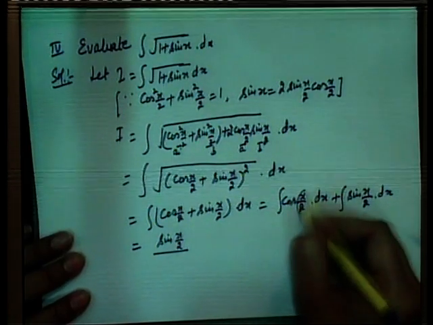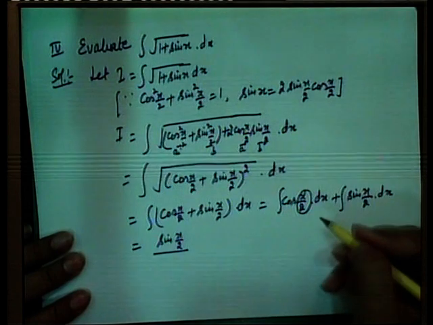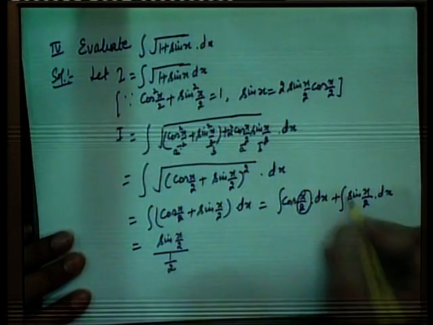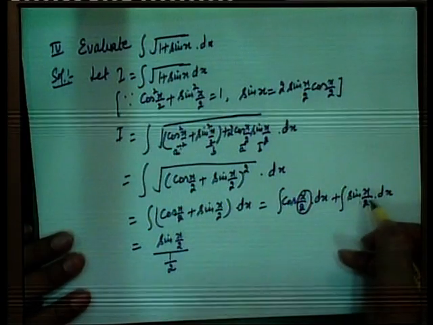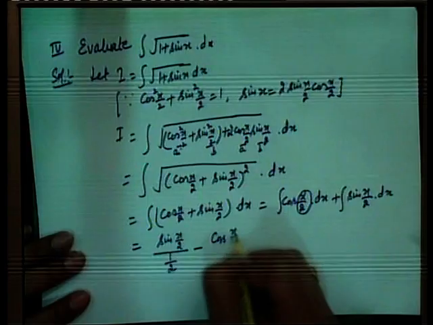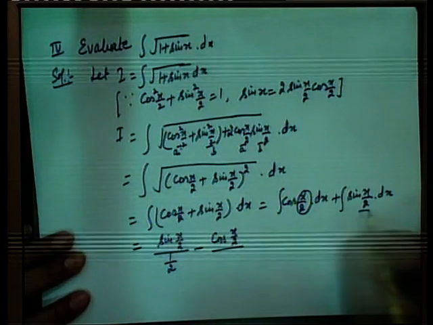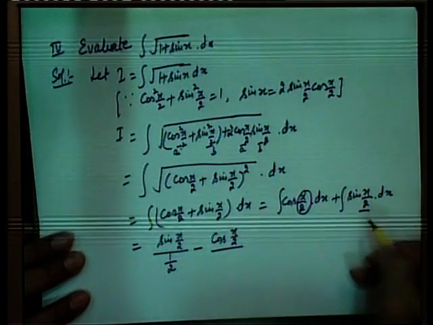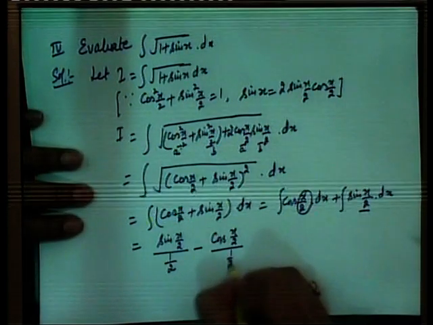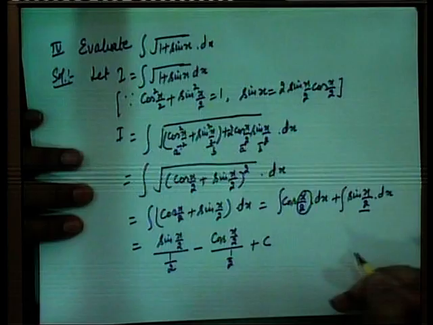Here we have the angle x by 2, and the derivative of x by 2 we know is 1 by 2. The integral of sin x is minus cos, so this will become minus cos x by 2 divided by the derivative of x by 2, which we know is 1 by 2, plus c, where c is a constant of integration.